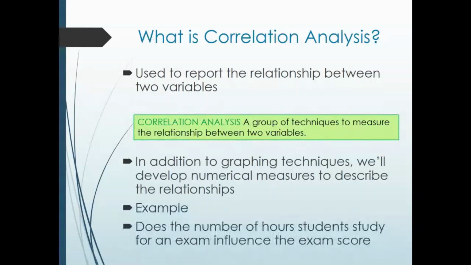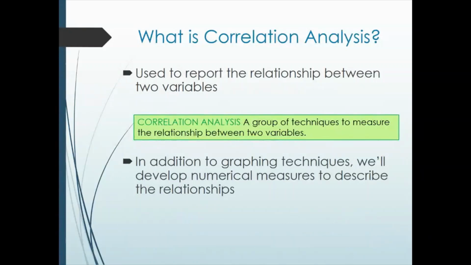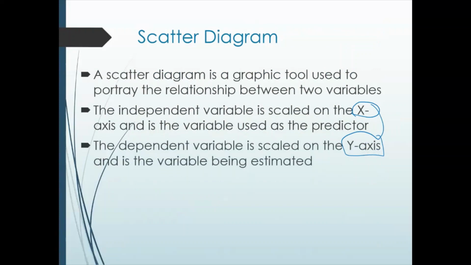So when two variables are given to you, you need to figure out, before you start getting your scatter diagram, which one happened first, which of the two variables controls the other. So you need to figure out which one is your X and which one is your Y.